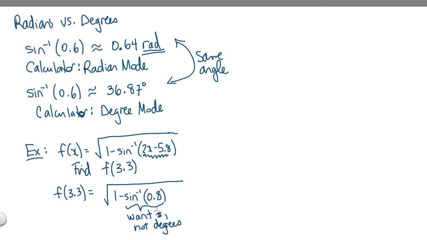And the way we're going to do that, just make sure that your calculator's in radian mode. That way, when it gives you the value of the arc sine function, it's going to give you a value in radians, which is a numerical value. Okay, so let's make sure that we're in radian mode. Anytime we want to make sure that our answer comes out as a number, not degrees, we'll just make sure that we're working in radians here.